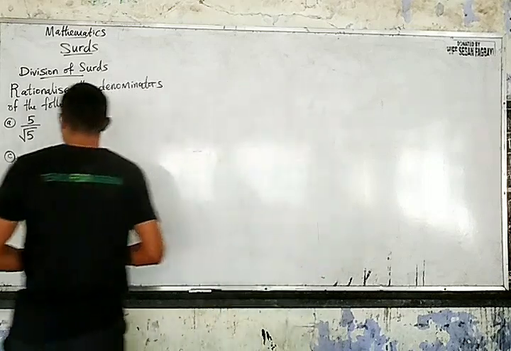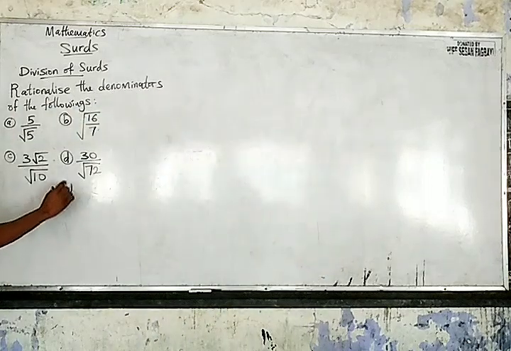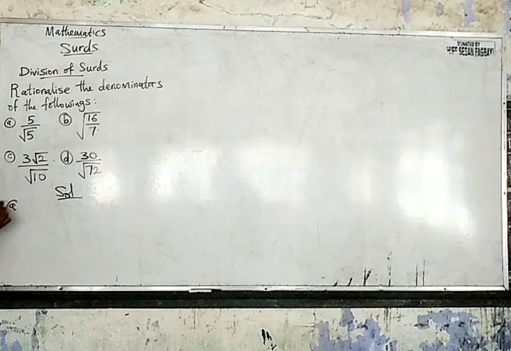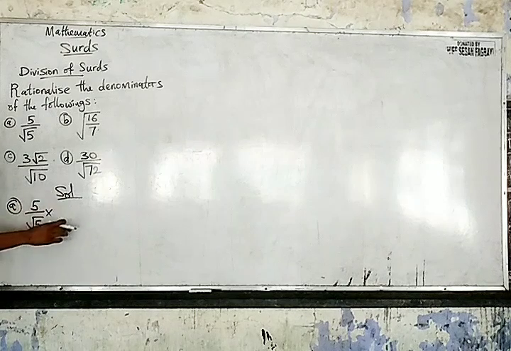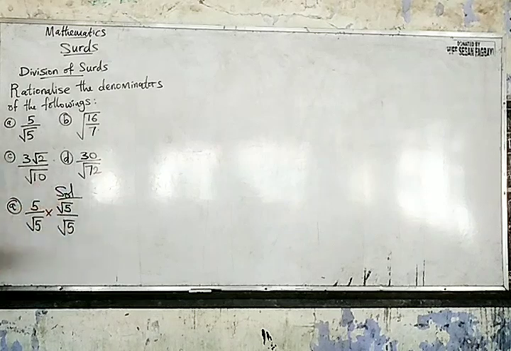We simply rationalize this. Let me start from here. If 5 all over root 5, we rationalize this with root 5 as numerator and root 5 as denominator. We multiply it that way. So we have root 5 over root 5.